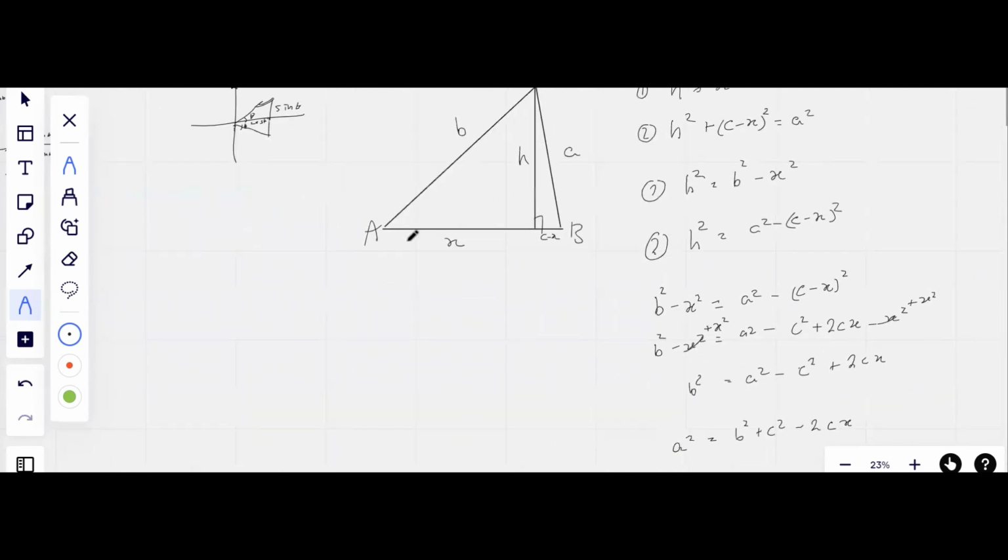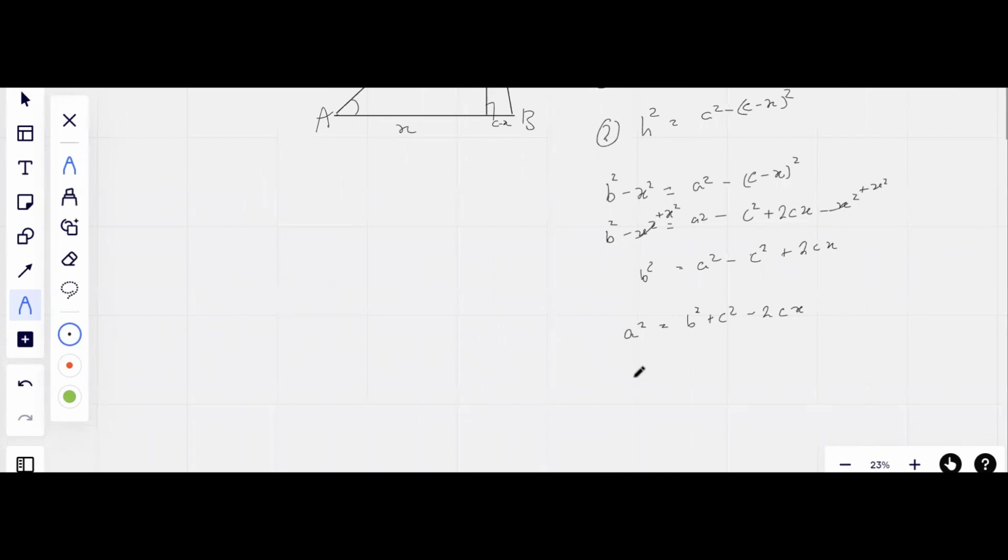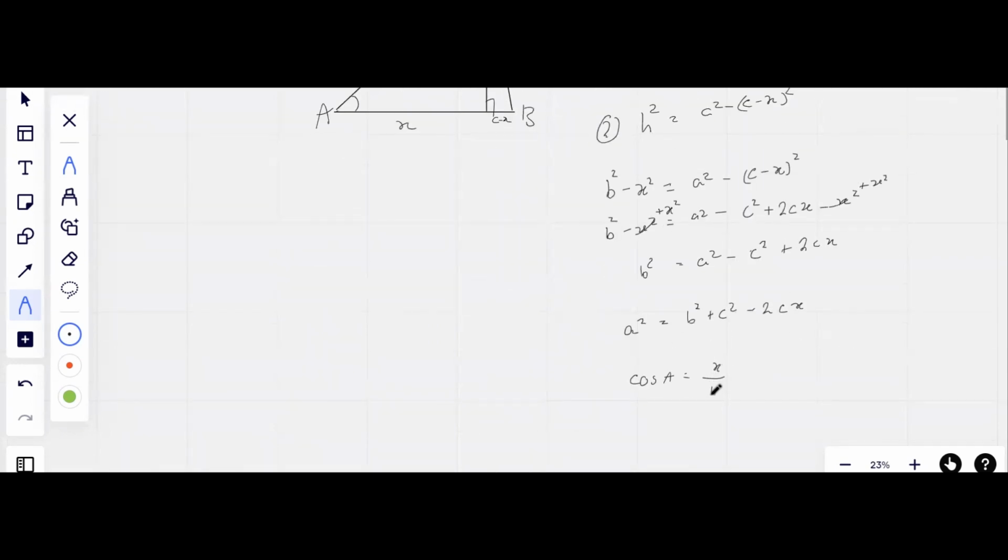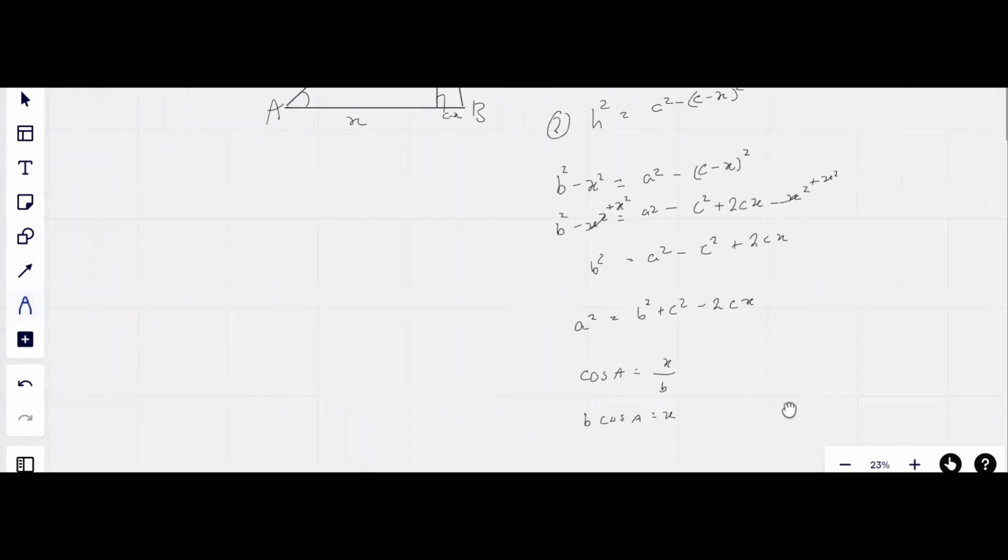The x can also be represented with the help of the angle right here, angle A. Cosine of A is equal to the adjacent side, which is x, divided by the hypotenuse, which is b. This implies that x is equal to b multiplied by cosine of A. So we can do a substitution and replace the x with b cosine of A.